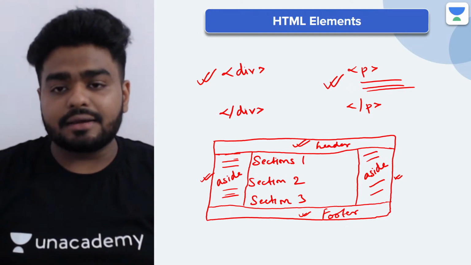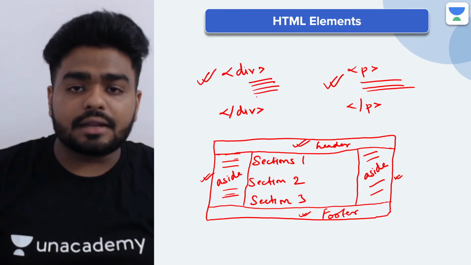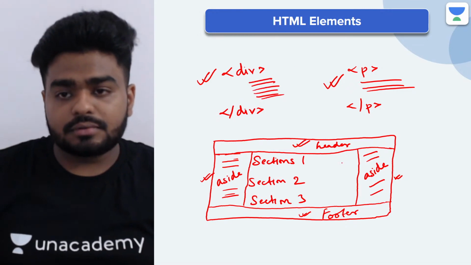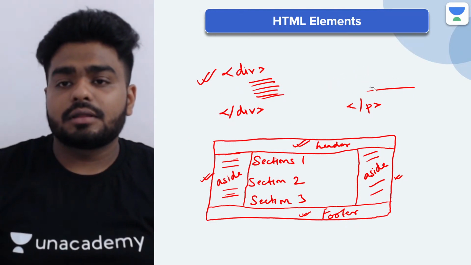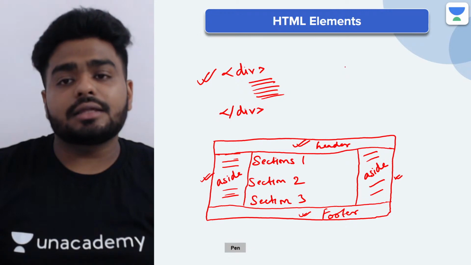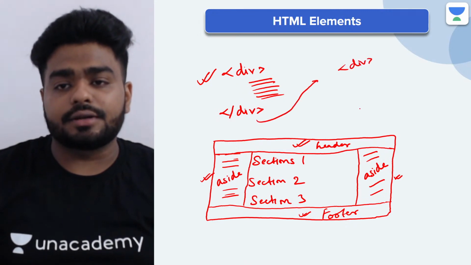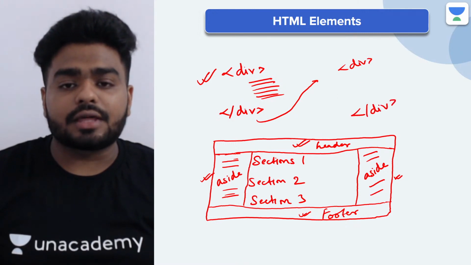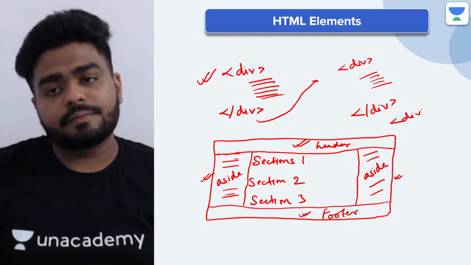If I want to create the header, I'll create a div and all the header part I'll write here. I'll create another div just after this, and inside this div I'll write the content of aside, and then I'll again create another div.